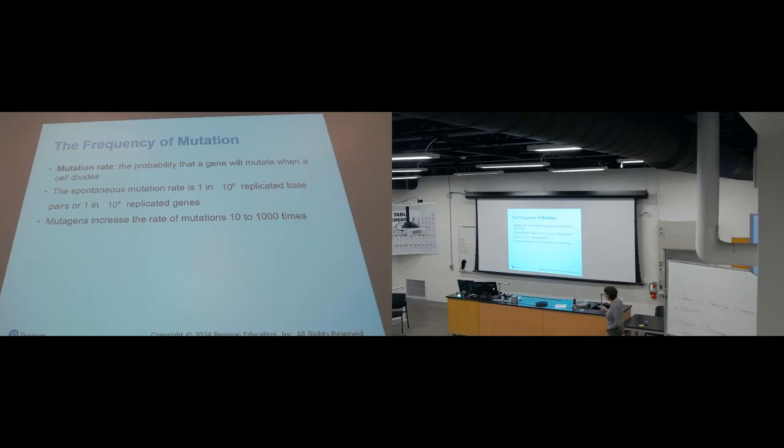Sometimes we can have mutagens that can increase the chances of having mutations up to 10 times to 1,000 times. And that is bad. Now, if an organism has this mutation rate, of course, it will be much easier for that to survive than with this mutation rate.